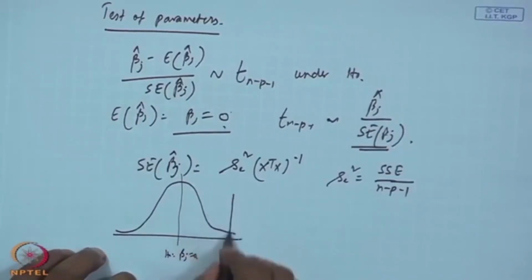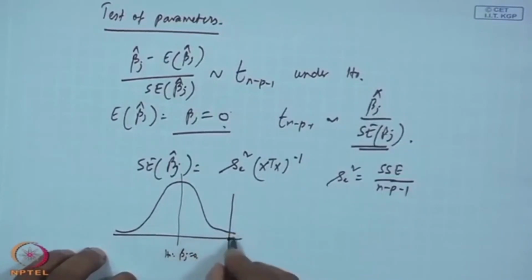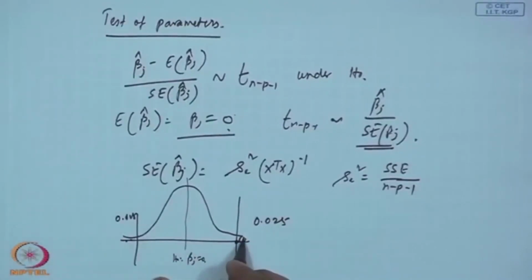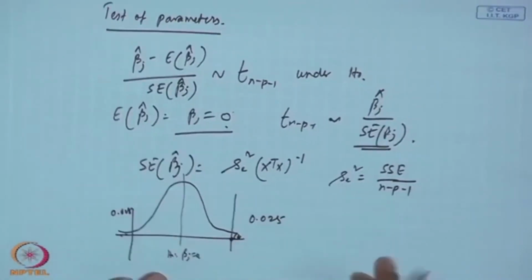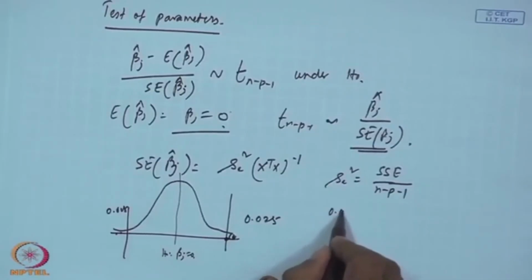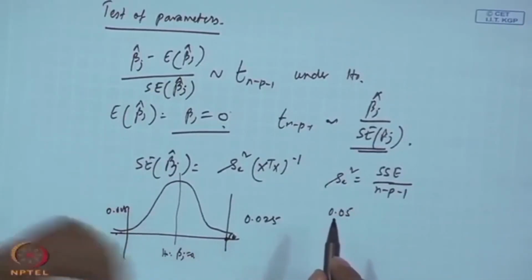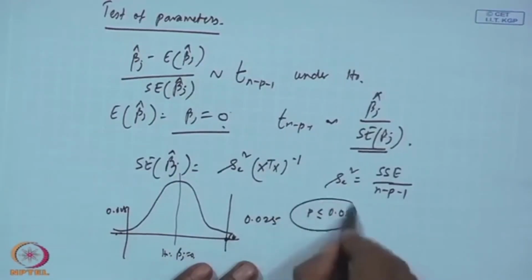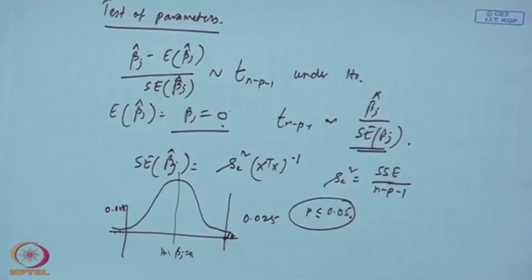Suppose your computed value comes here, and this side is 0.025 and this side also 0.025. If your value falls here, then it is insignificant. Usually we take 0.05. So if any p value is less than or equal to this, then you can blindly accept it, because it is significant with 5% error. Okay.